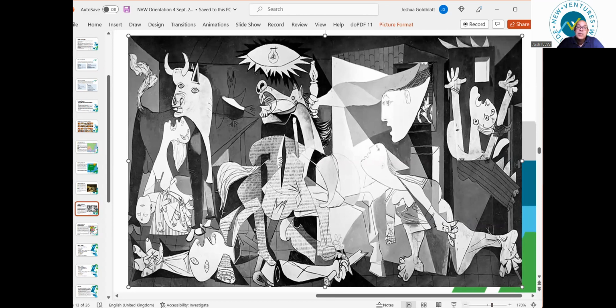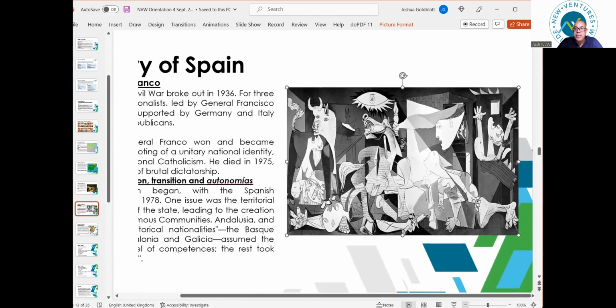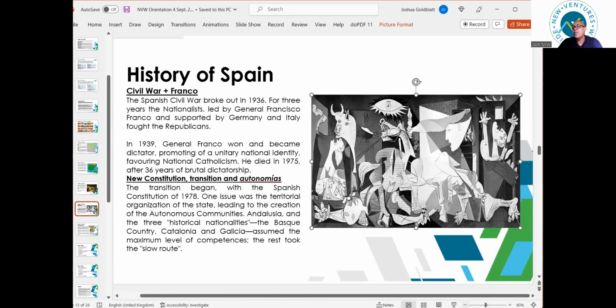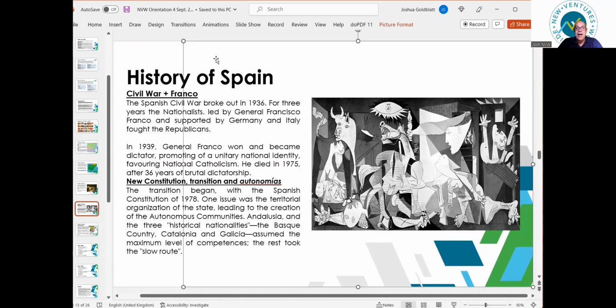And this was this terrible painting which showed when the aeroplanes dropped bombs on the people in the village. So it's a very, very brutal painting. And we can see this in Madrid, and we will see this in Madrid. It's an important painting to see. So you can see that expressions of art were influenced by the political events. So this one was Guernica, and this was Picasso.